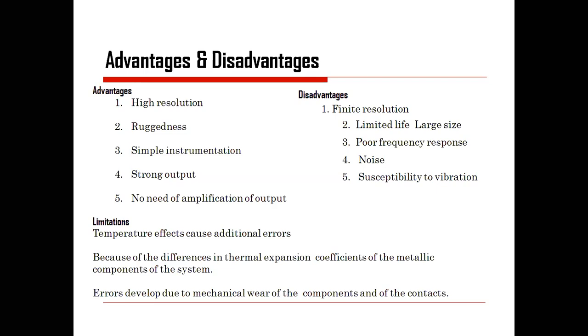So what are the advantages or merits? It has higher resolution. It is much more robust; robust means rigid. The construction of this system is simple, and we get a proper, efficient, strong output from this one.